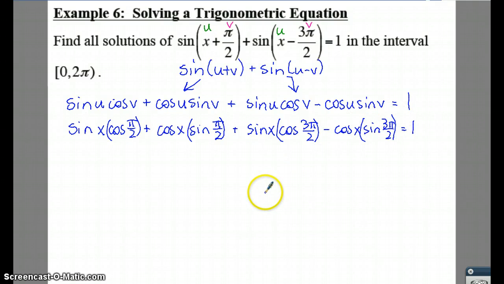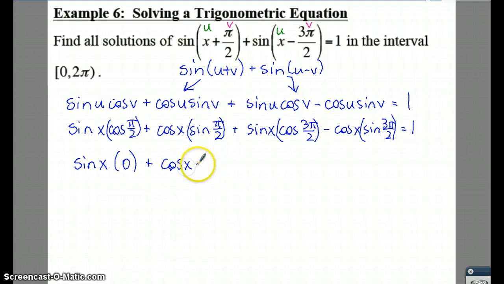If we evaluate everything with a pi, cosine of pi over 2 is just 0. Then we have a cosine of x times your sine at pi over 2, that's a 1.